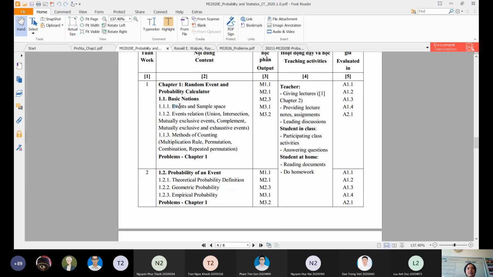We will see what an event is and how to define a sample space. Then we consider the relationship between events: the notions of union, intersection, mutually exclusive events, complement, exhaustive events, collectively exhaustive events, and some techniques to count.